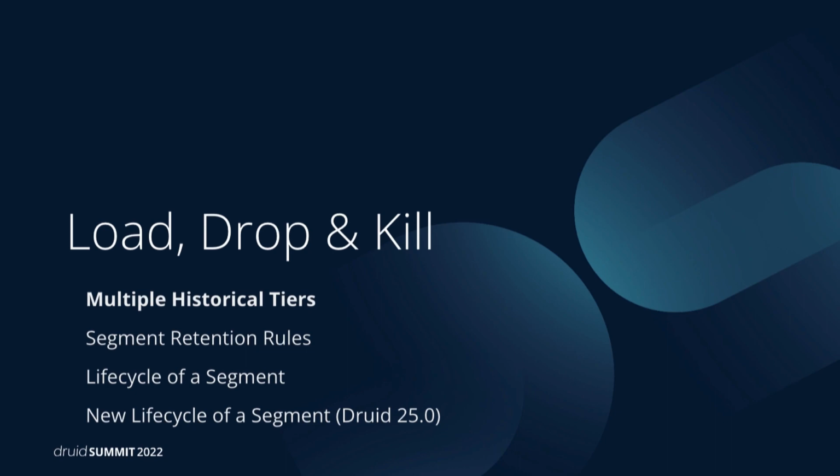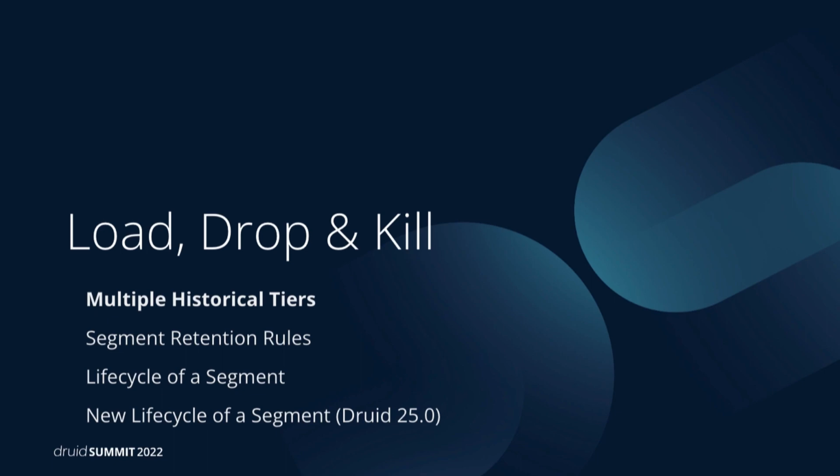First, we'll talk about the multiple historical tiers. So this is the idea of grouping sets of servers that are running the historical process into tiers and using them in different ways for better cost efficiency of your overall workload. So we'll talk about that.